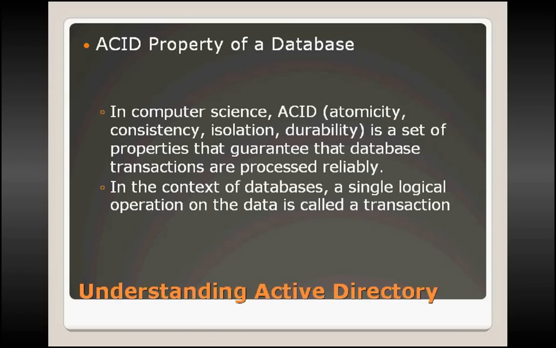You might be doing deletion, updation, modifications, or whatever you are trying to do at that point, so we can generalize that as a transaction, and I will be using that in the upcoming slides, where we talk about atomicity, consistency, isolation, durability. So in short, it's a set of properties that guarantee that database transactions are processed reliably.